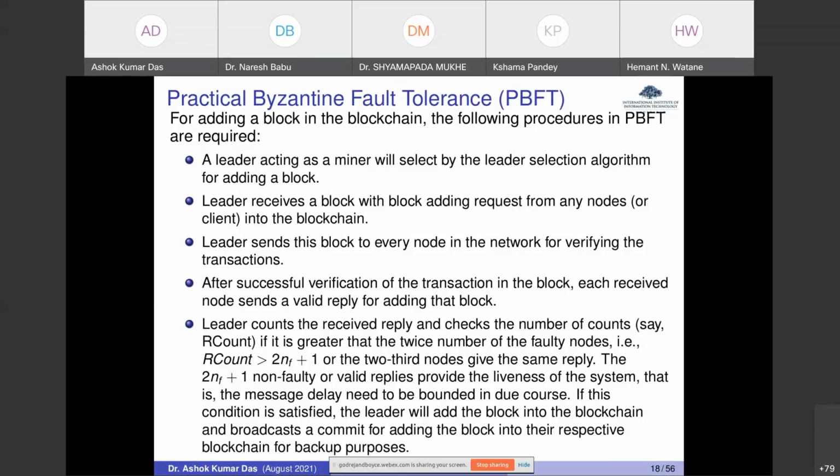First of all, among all the nodes in the network, a designated node known as the leader needs to be selected, and that leader will be given a special name as the miner node. The selection of the miner node or leader node can be done using some existing leader selection algorithms, or we can simply choose using the round robin policy algorithm.